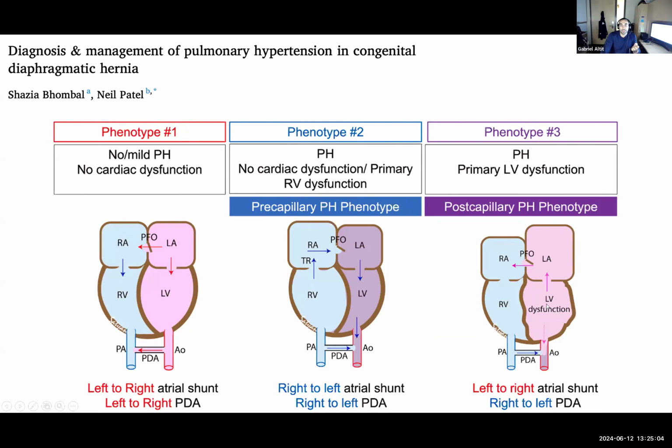But it could also be because there's some degree of compromise to the LV output, which creates this forward flow to actually feed the systemic circulation and perfusion. And so I think that's where it becomes very important to recognize that this phenotype and these phenotypes are quite different.